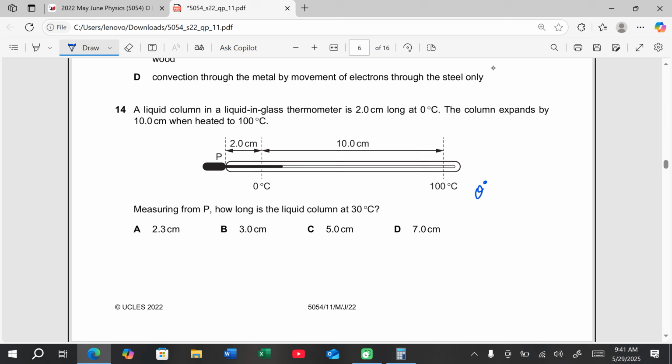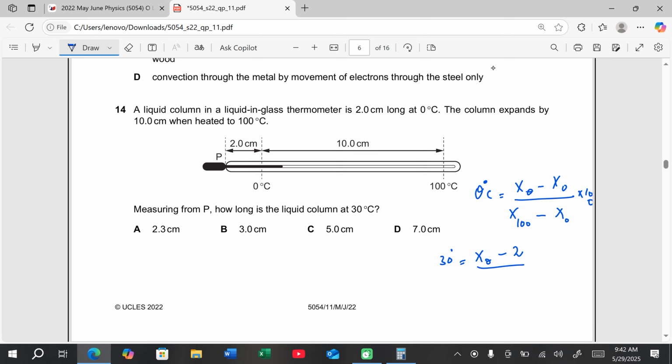So the unknown temperature can be measured as the length at unknown temperature minus length at ice point, over length at steam point minus length at ice point, times 100. Since this unknown is 30, we need to find out this length. This is 2, the ice point is given.